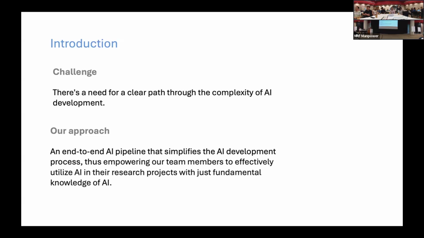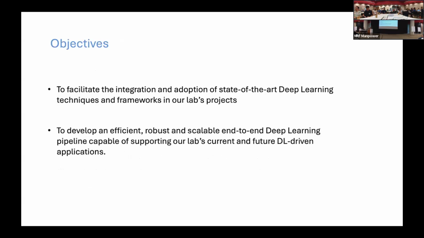So our team has taken a hands-on practical approach to tackle this challenge, by developing an end-to-end AI pipeline that simplifies the AI development process, thus empowering our lab members so that they can effectively utilize AI in their research, even if they only have a fundamental knowledge of AI.